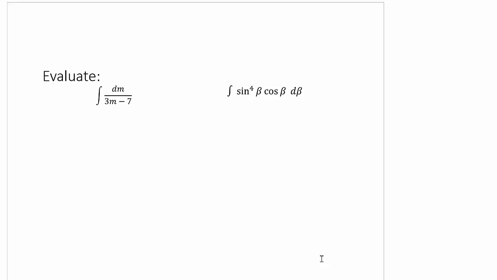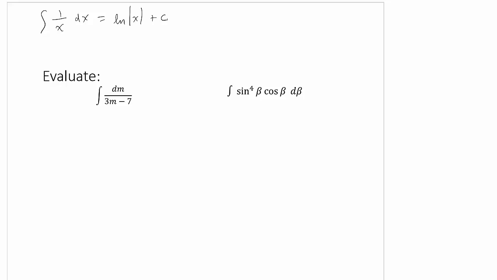All right, so for my first integral here, I have the integral of dm over 3m minus 7, and that sort of looks like 1 over the variable. So to me, this looks like the integral of 1 over x dx. And I recall that that's the same as the natural log of absolute x plus a constant.